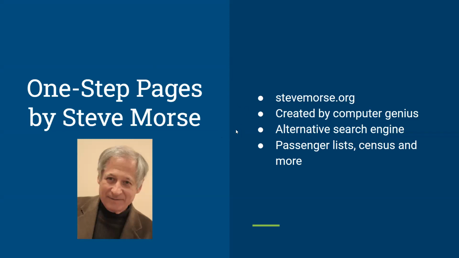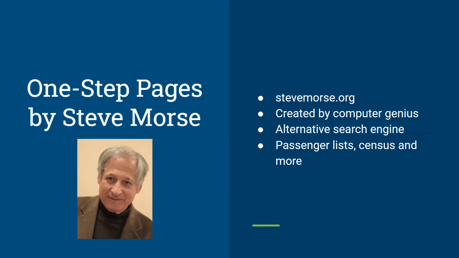Steve Morse is a computer genius and has a passion for computers and a passion for genealogy, so he's kind of married them with this website. It's kind of an alternative search engine to websites like Ellis Island and passenger lists and census.